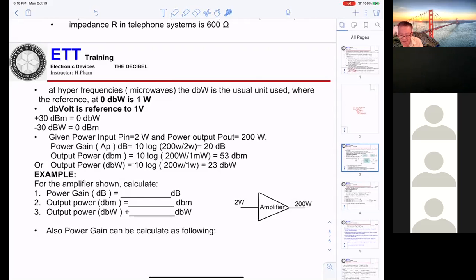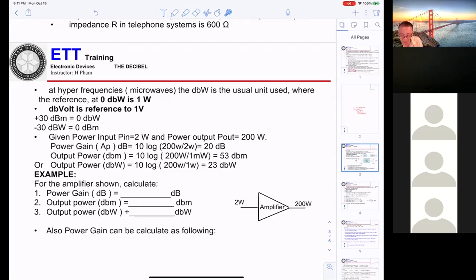Okay? So basically they gave you the power gain. You take 200 divided by 2, you get 100. And it can be converted to dB, or to dBm, or to dB watt.